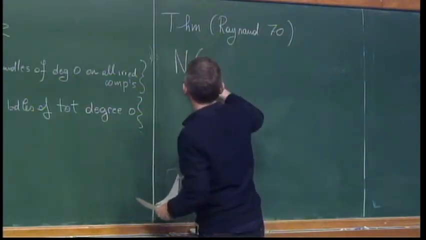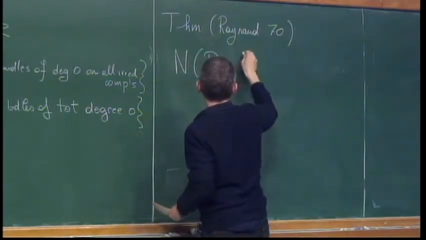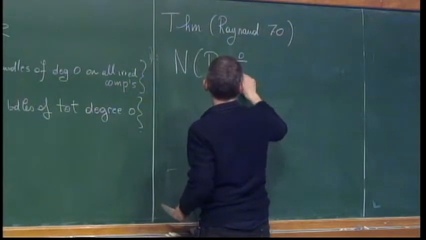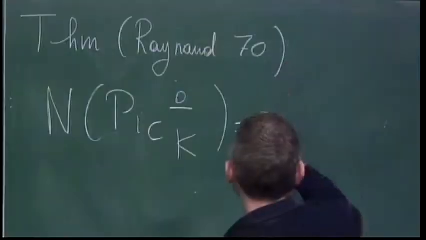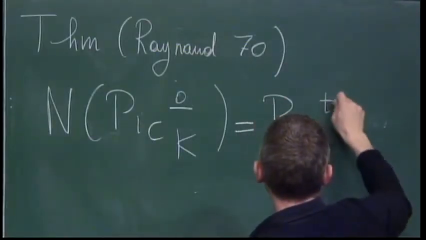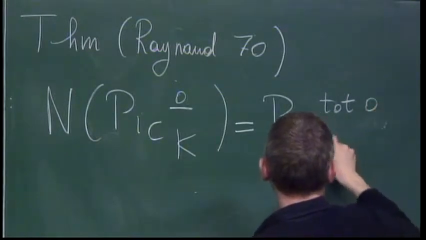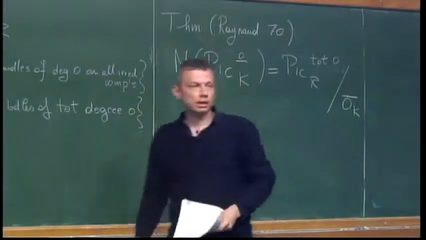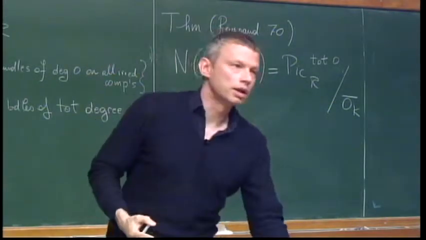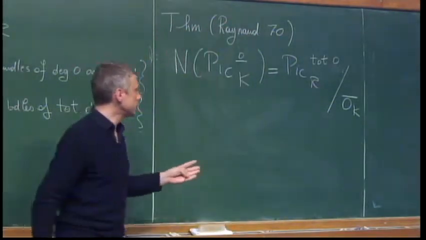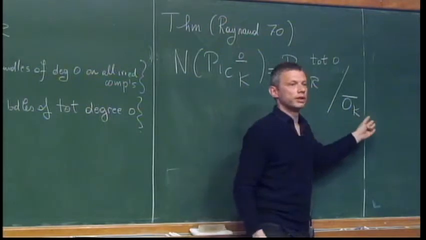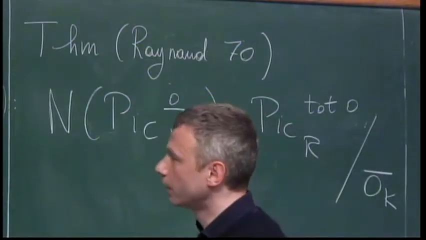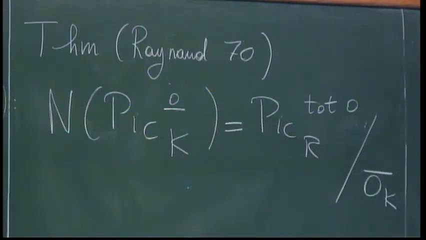The Néron model of Pic^0 over K is Pic^0 over R modulo the scheme theoretic closure of the zero section from the generic point. So you have a generic point, you have this type of situation here.